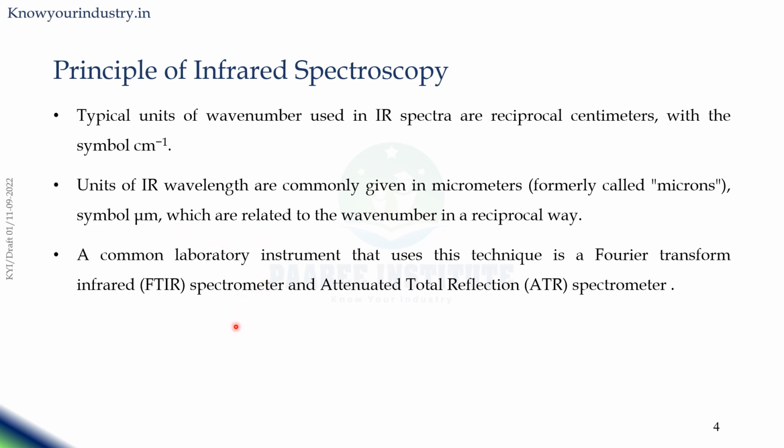And in a laboratory setup, the commonly available infrared spectroscopy instruments are the Fourier transform infrared spectrophotometer and the attenuated total reflection spectrophotometer. We will see more information about these two instruments in the coming slides.